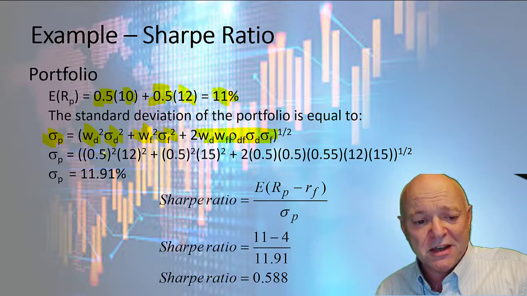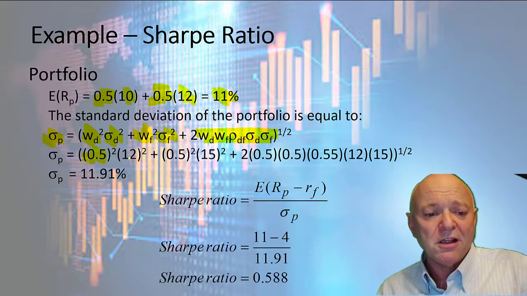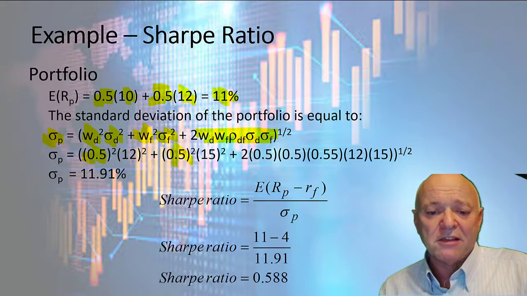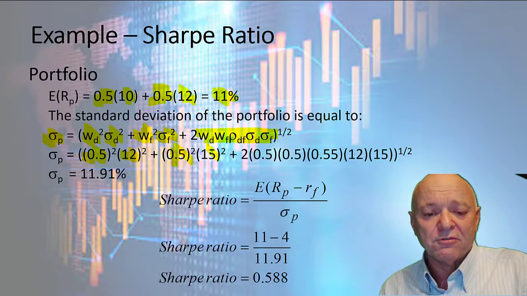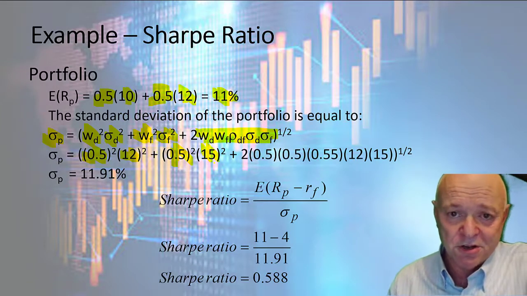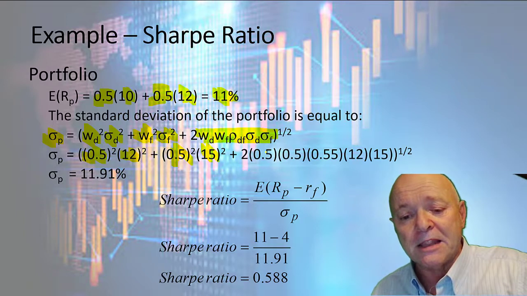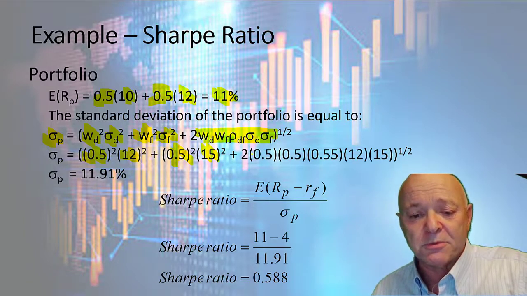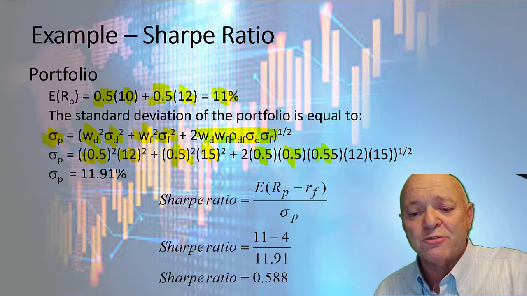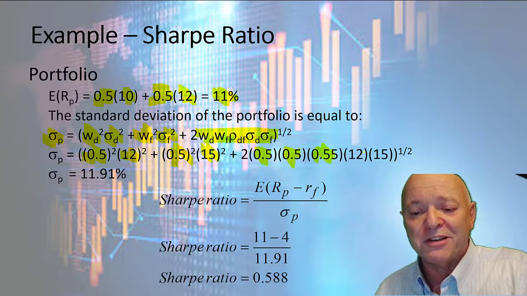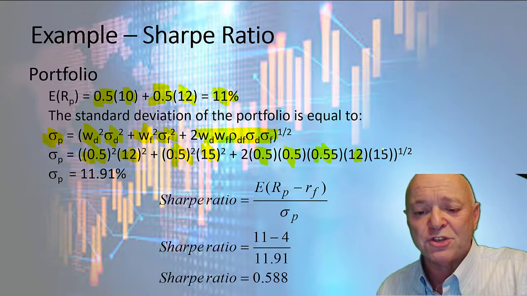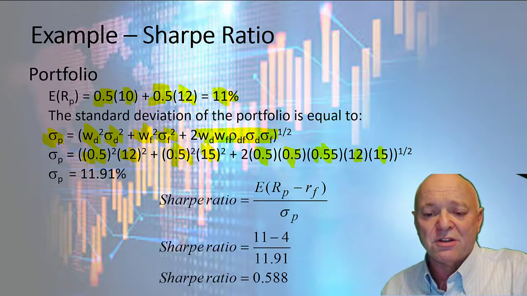The numbers we see down here are just plugged into that model. 50% weights of each, okay, that's easy. And 12% was the standard deviation for domestic, and 15% was the standard deviation for the foreign. Again, all of that's pretty easy. And then we take the 2, that's the constant we used up above, and then the 50% weight, the 50% weight, the correlation coefficient of 0.55, and then the standard deviation of domestic and standard deviation of the foreign.